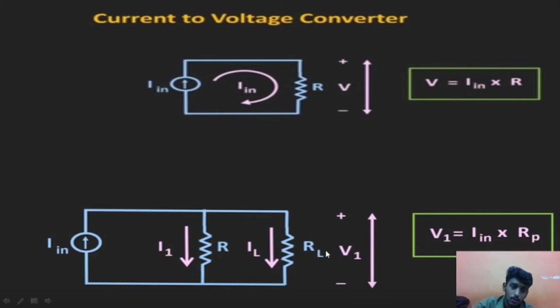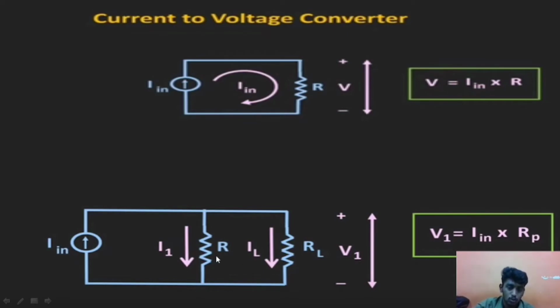In the same way, a load resistance RL is connected in parallel to the resistance R for the same input current. Here V1 is the voltage across RL, given by IN multiplied by RP, where RP is the parallel combination of RL and R, that is RL into R by RL plus R. In this parallel connection, the current IN divides into I1 and IL.